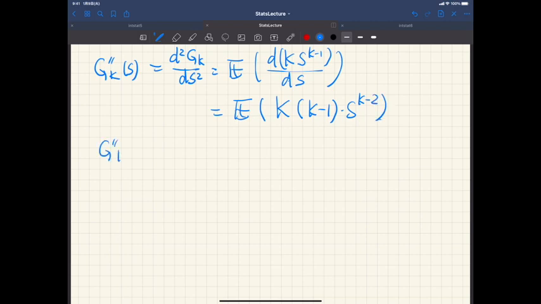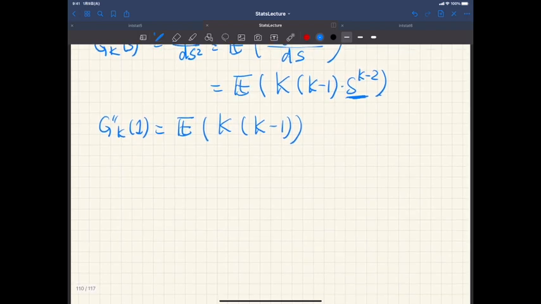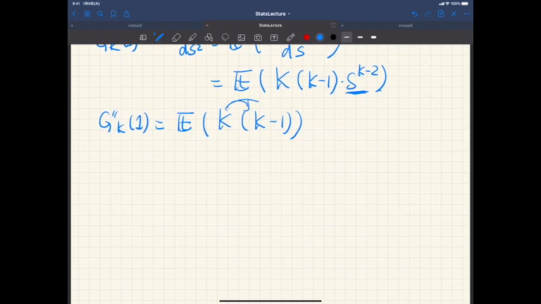Again, if you put s equal to 1, then you have this part 1, so k times (k minus 1). So distribute this k, expand the expression. We have the expectation value of k squared minus the expectation value of k.